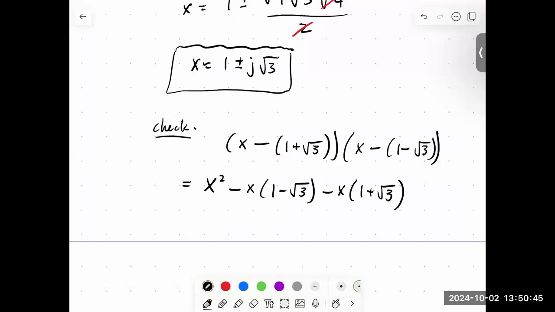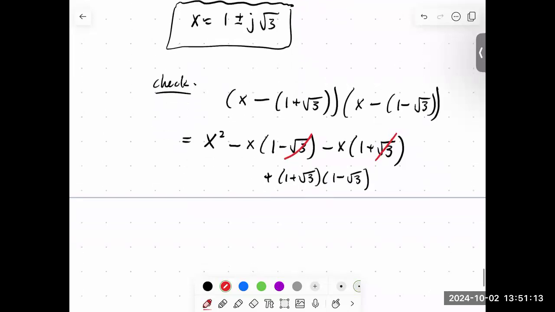And then we have to multiply these things, so it's going to be plus 1 plus √3 times 1 minus √3. Okay, so let's see, there's going to be some cancellation. We're going to have minus x times minus √3, so that's plus √3x, and we got minus √3x. So these ones are going to cancel.